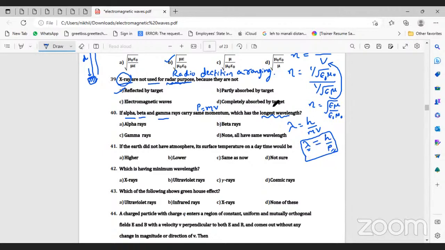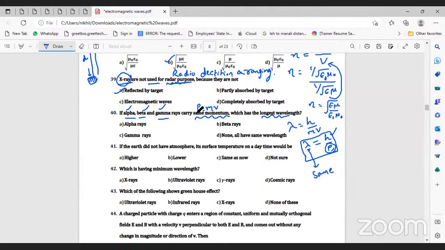But they say all these three rays, alpha, beta, and gamma, have the same momentum. Then which one has the longest wavelength? Since they have the same momentum, and h is a constant for all particles, if h and p are constant, lambda must be the same for all the particles.